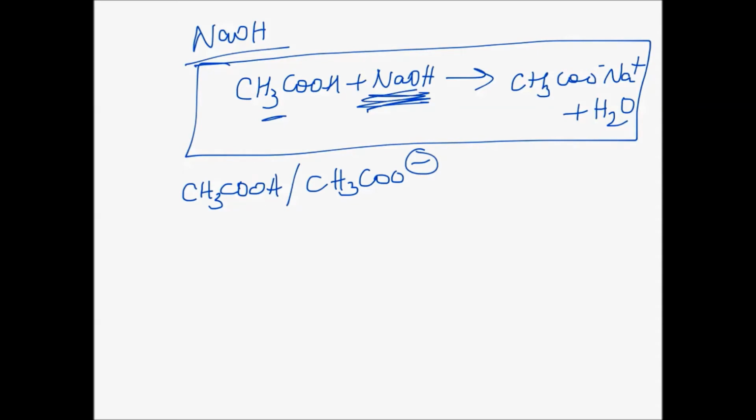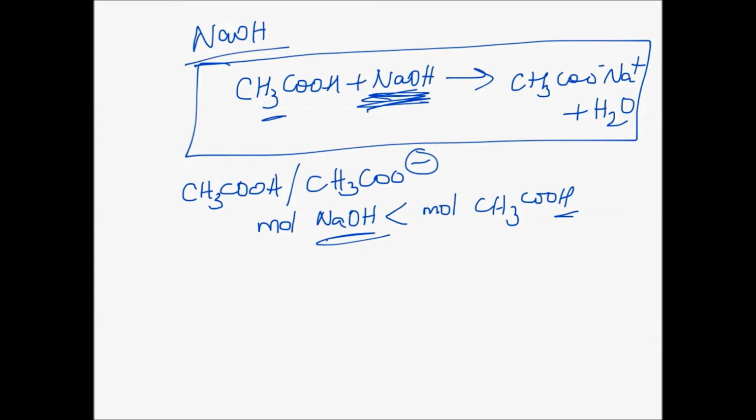If you add a little bit of sodium hydroxide, as long as the moles of sodium hydroxide are less than the moles of acetic acid, essentially that acetic acid should be able to neutralize the added sodium hydroxide.